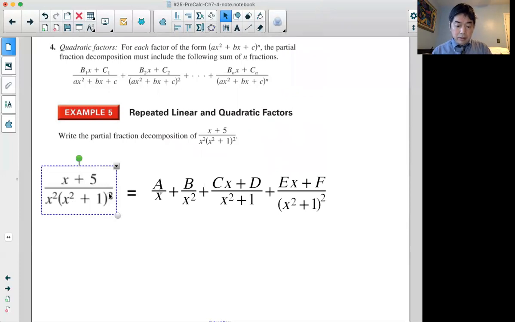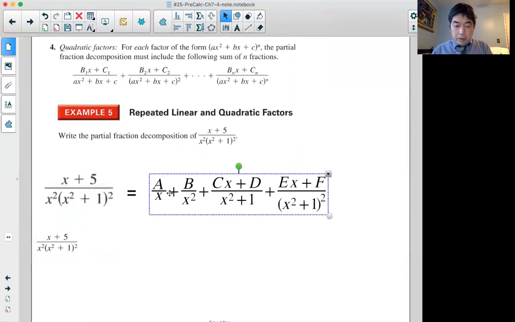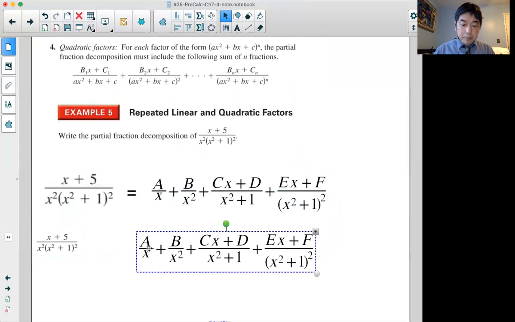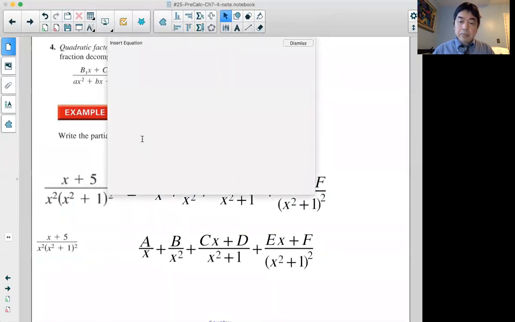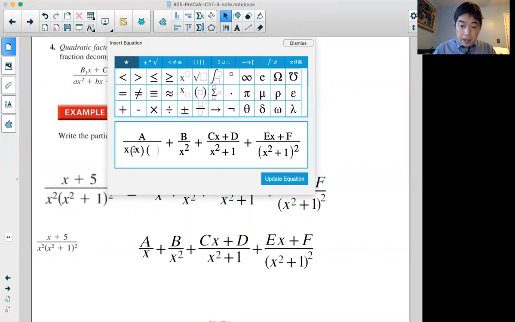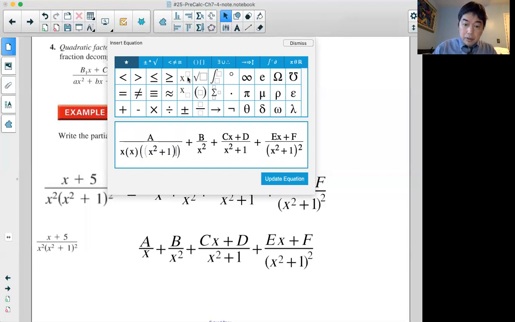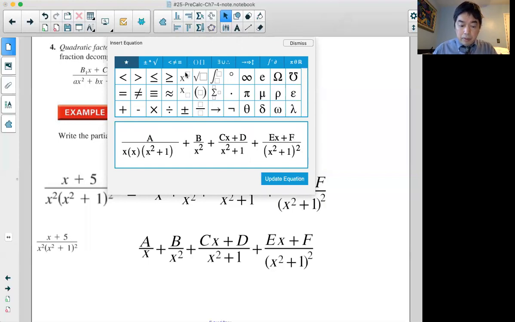So let me copy here, make it small. So still have times x, so I write down x here, and x squared plus 1 goes to the second power.